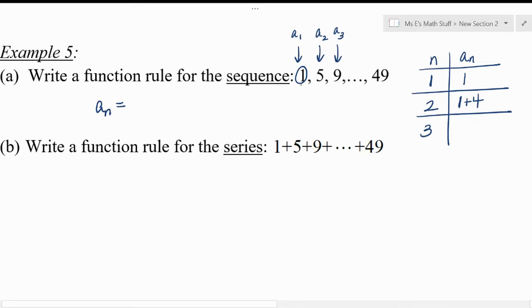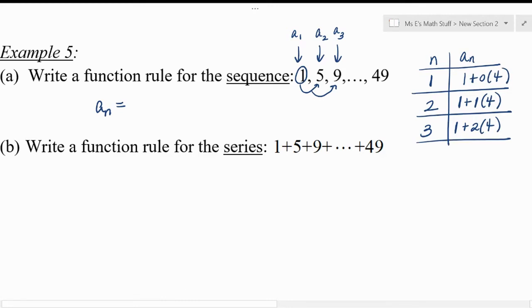And how did you get the 9? Well, you added 4 twice to the first term. So that would be your first term plus 2 4s. Anyway, I could go back and be extra nerdy and say 1 4, and I could go back and say plus 0 4s. So this is one way to notice a pattern.